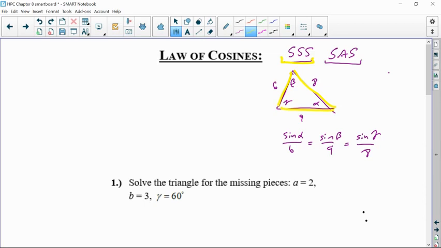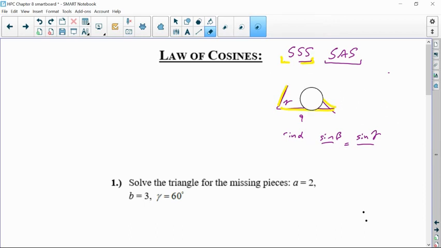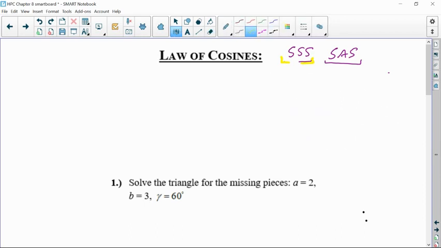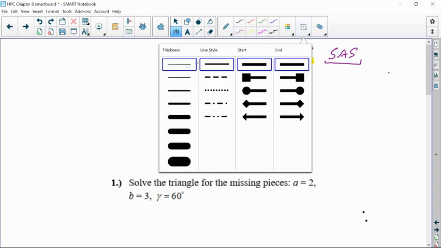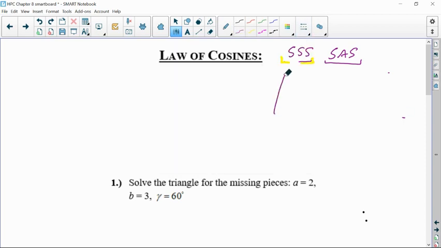In the same fashion, suppose you were given 2 sides and an included angle. Say this is 8, and I'm just making this up, and this is 12, and this is 72 degrees. Let's say this is length C. I'll call this angle alpha, call this angle beta. Try to set up law of sines.